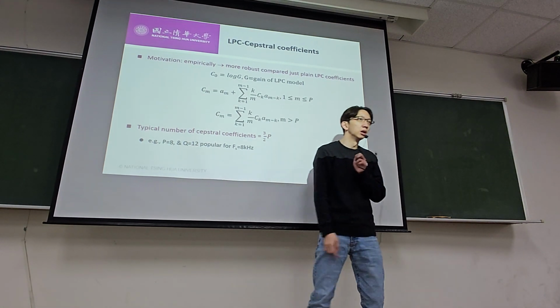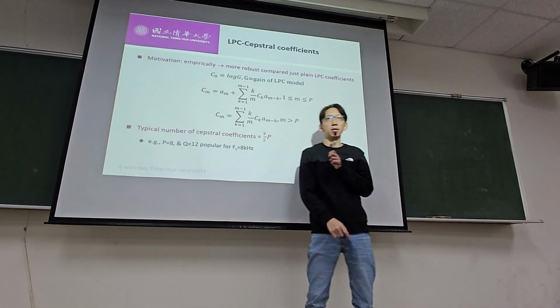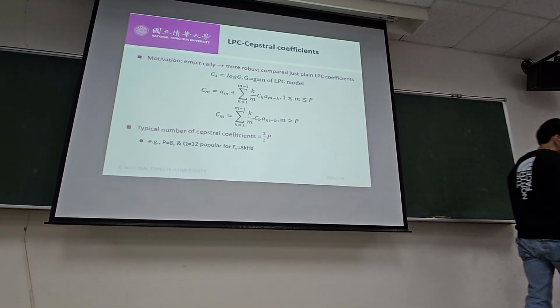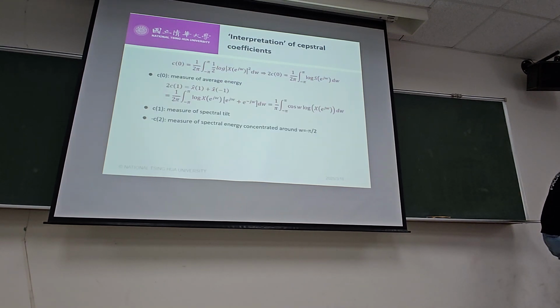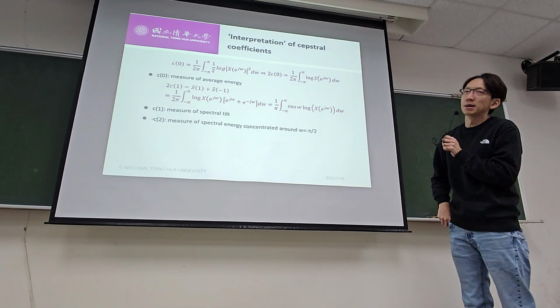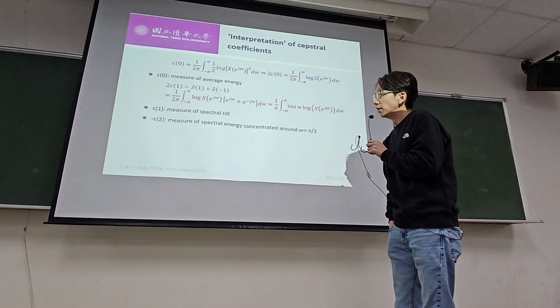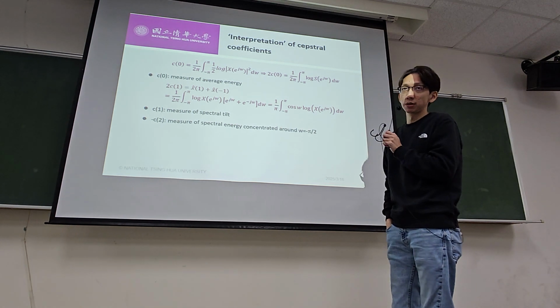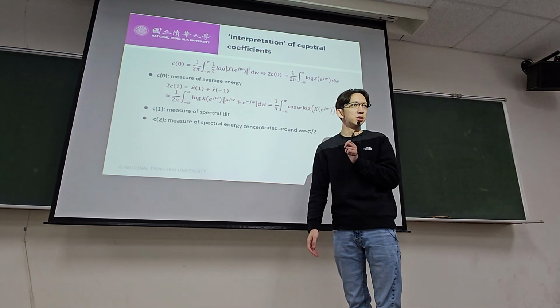That's the number of samples you look back at, the number of coefficients you actually get from your cepstral coefficients. People do try to interpret what the cepstral coefficients really mean. There are some studies trying to do that, but it's still very difficult because there are so many operations applied onto this.